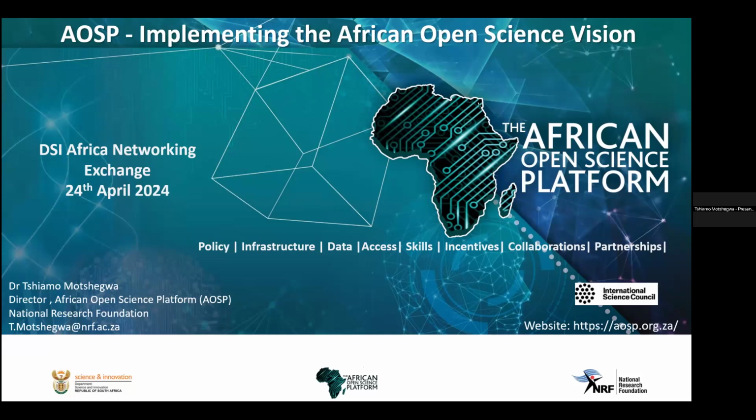We all know that open science, in as much as it's not a new phenomenon, is also new in terms of how we do things. So incentives to change our entrenched way of doing things in the new dispensation are quite important. And of course, the last two elements there, collaborations and partnerships. We need this in the continent to be able to make inroads.